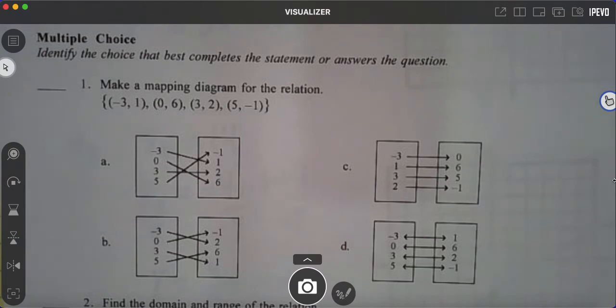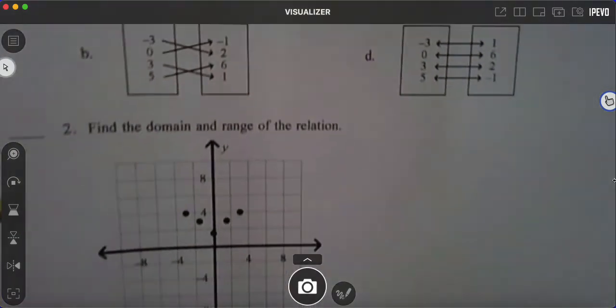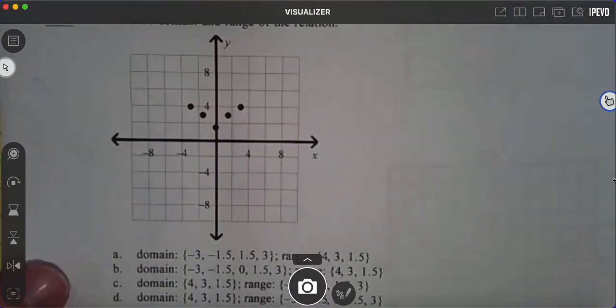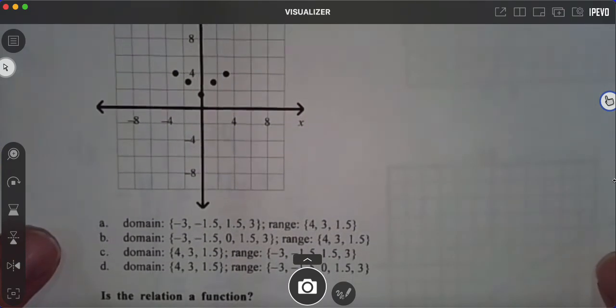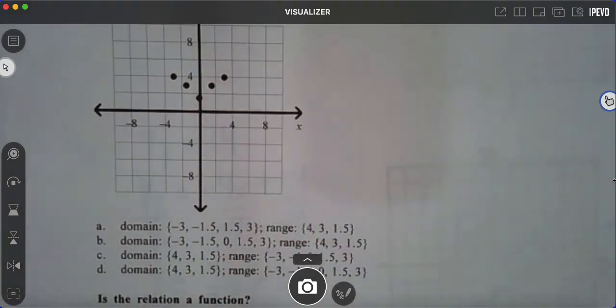Then we have number 2. I don't like these because they're kind of hard to tell where they are, but it asks for the domain and range. Remember, your domain is your x value. So how far left am I and how far right? Doesn't matter up and down right now.